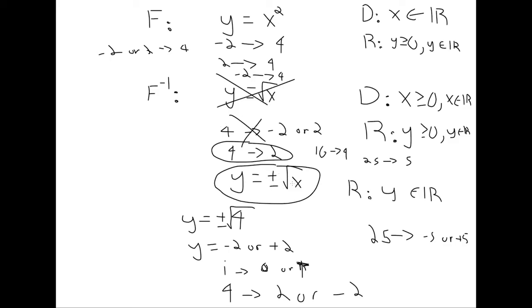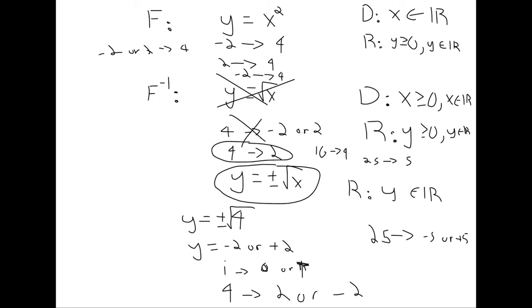Now there are other types of functions, types of equations that you might run into that will also make this problem arise. Logarithms can also have this sort of problem, but we're not going to get into that right now. So this is a certain issue that you can run into when you're finding the inverse. You always have to be very careful.